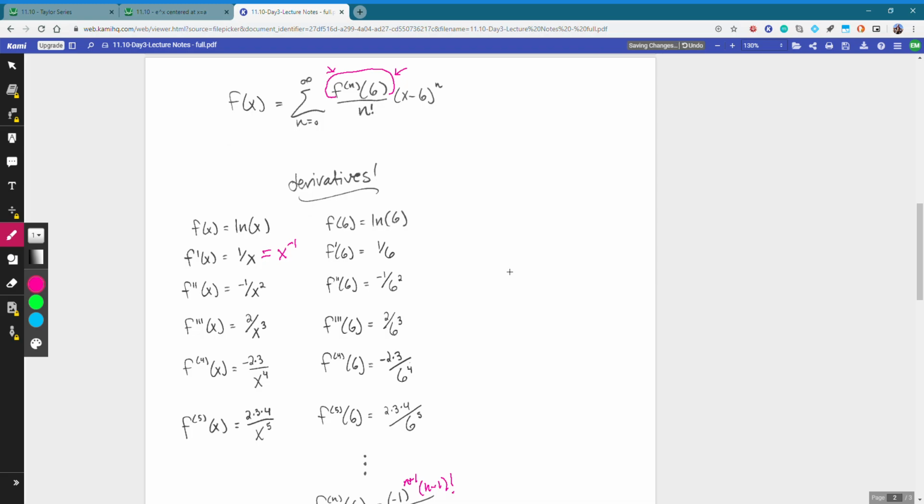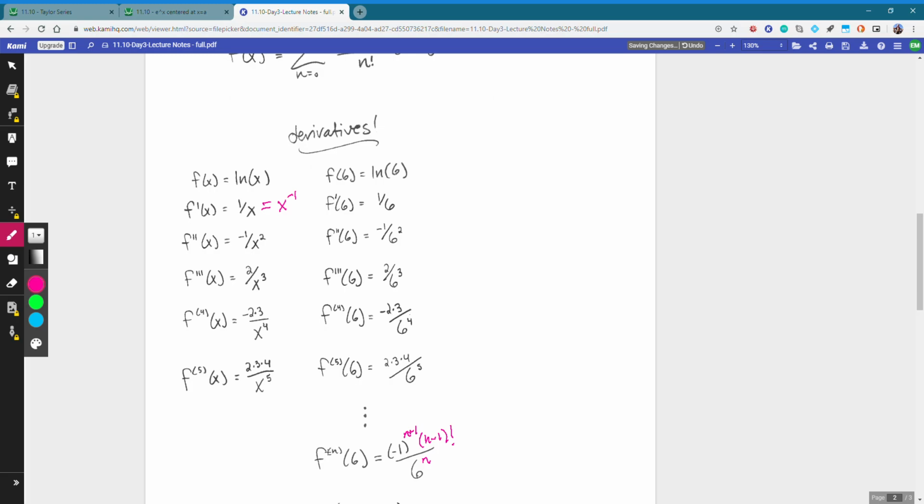The only issue is that this pattern, for the nth derivative, given the factorial up top and a power of 6 on the bottom, actually is not the pattern for the very first term, the 0th derivative.